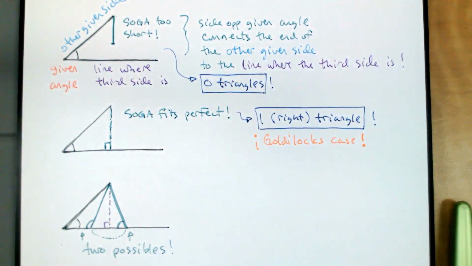Imagine that side being just long enough. If I swing it to one side, I make this one obtuse triangle. And if I swing it back the other way, that line will hit the line where the third side is again. So if the side opposite the given angle is a little bit more than a perfect fit, then we'll have two possible triangles.